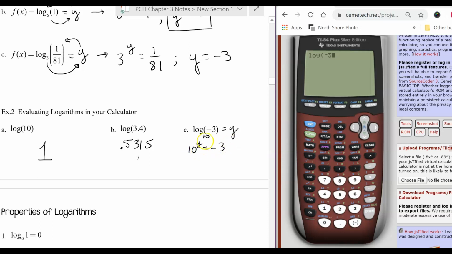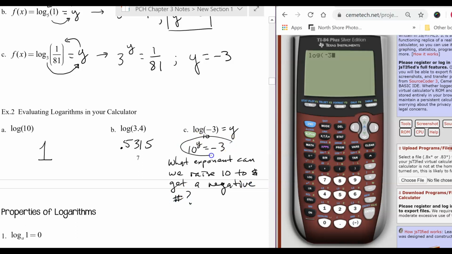So what this is saying is, what exponent can we raise 10 to and get a negative number? Okay, that's basically what this statement here is saying. And really, there is no exponent that we can put in here and end up with a negative number. So none, which is why this problem here is undefined.